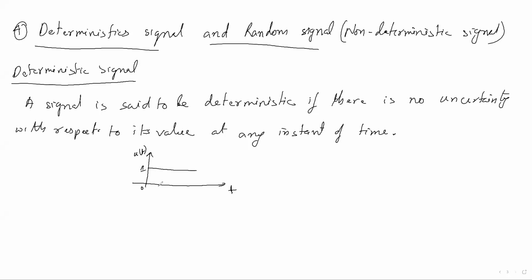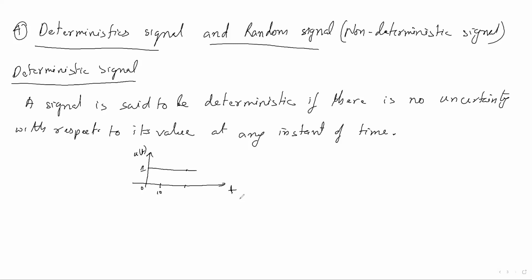What is the amplitude? 1. We know at t equal to 10 seconds what the amplitude is. We also know the amplitude for t equal to 100 seconds. 1 only. Or the amplitude of the unity step signal for 1000 seconds or 5000 seconds or 10,000 seconds, we know. There is no uncertainty about the amplitude. We know the amplitude is fixed at 1 for any time instant.